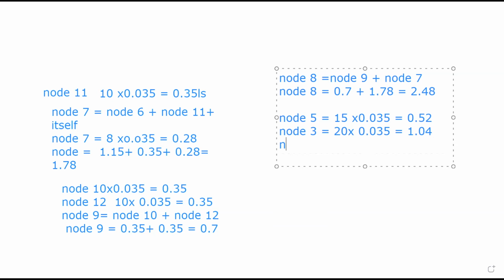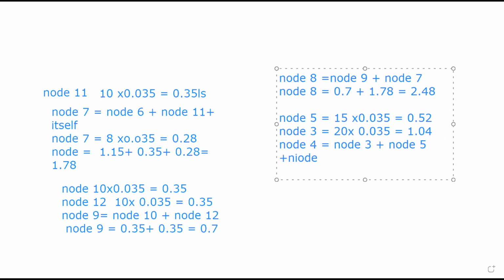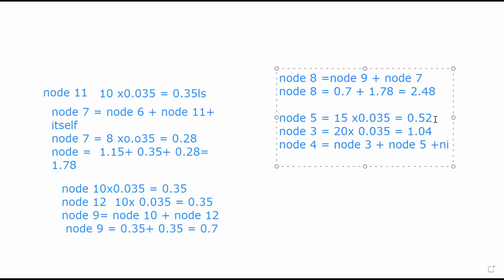Therefore, node 4 will now be node 3 plus node 5 plus node 8. Please, any confusion here?